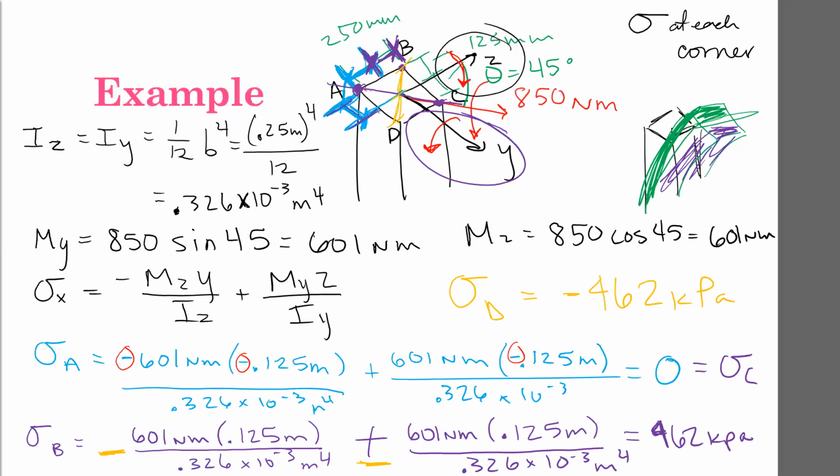Yes? So we're saying that that entire triangle wedge that goes from A to C to D, that's all in compression, and the other triangle, that's all in tension. Exactly. So that's exactly what our neutral axis means. It means that on this side here, all of this triangle is going to be in tension.